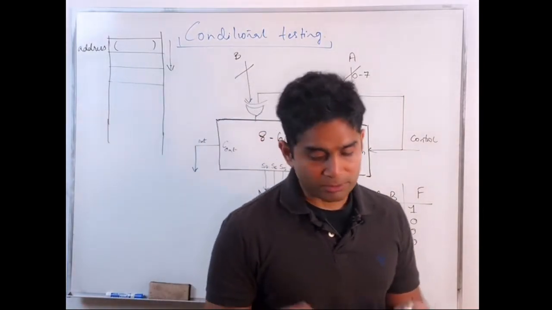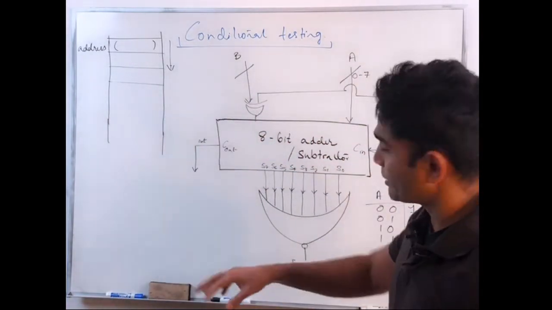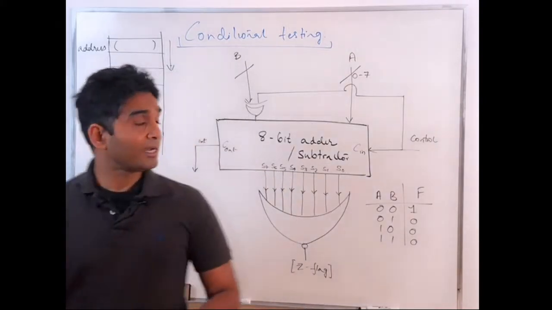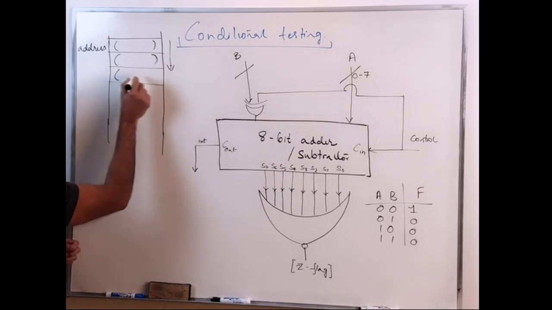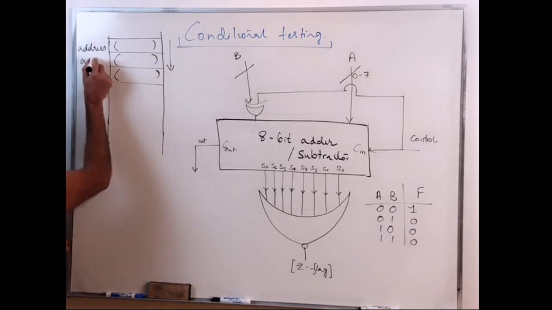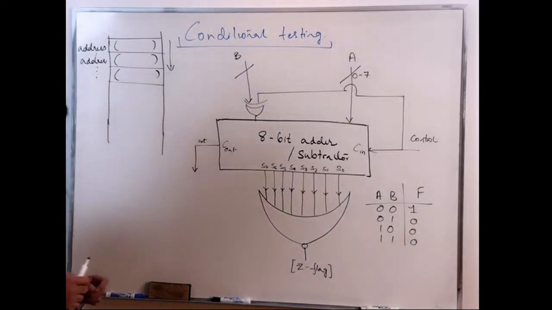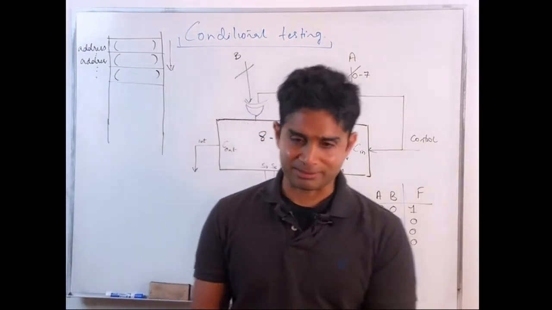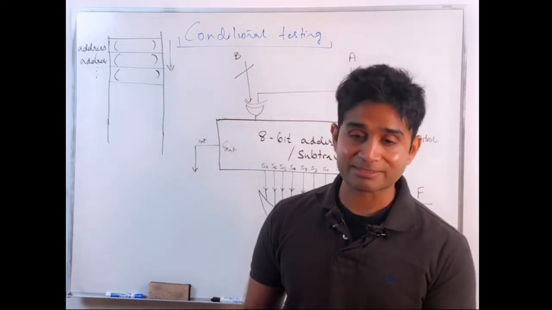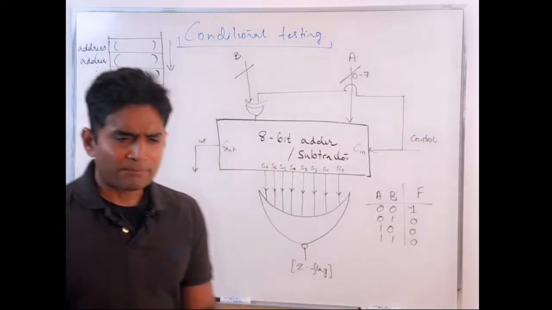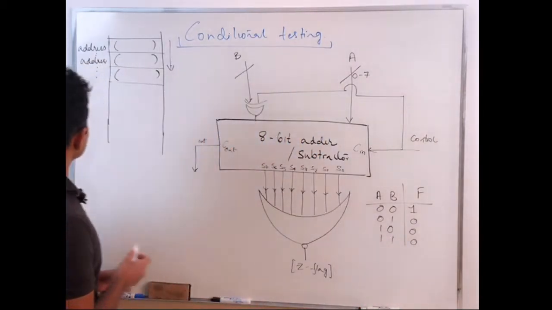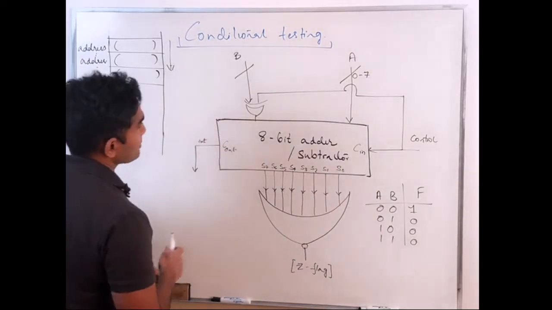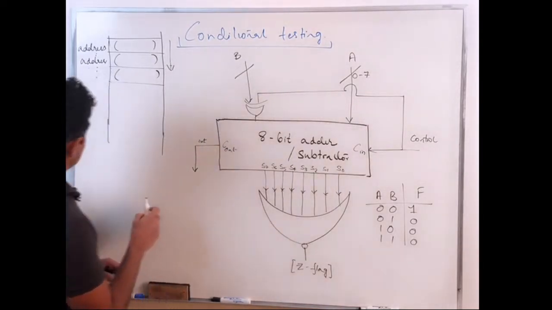Whatever you type in the mnemonic gets converted into machine code by the compiler, and your memory would store that machine code. Each memory location will have its own unique address. Now, when I'm trying to do some conditional testing, like when you're doing if-else statements in your code, a corresponding code in assembly would look something like this.